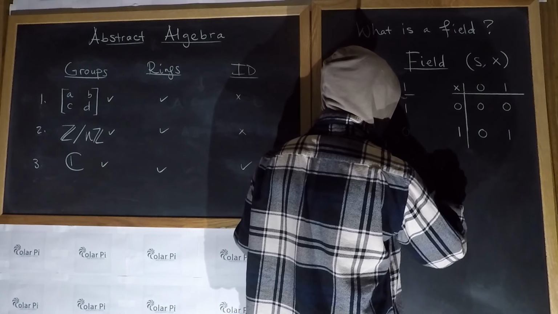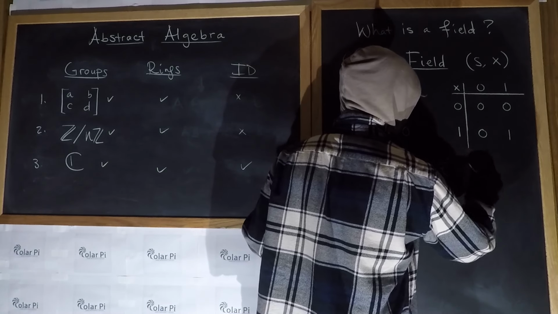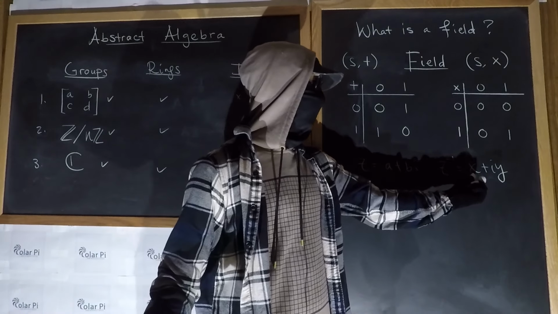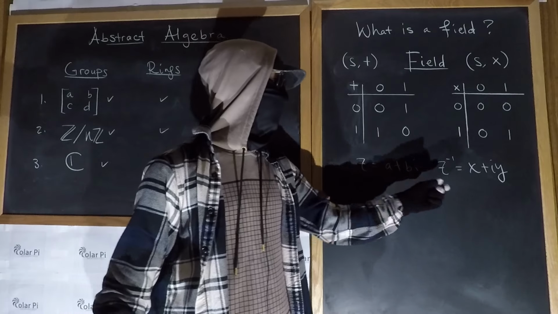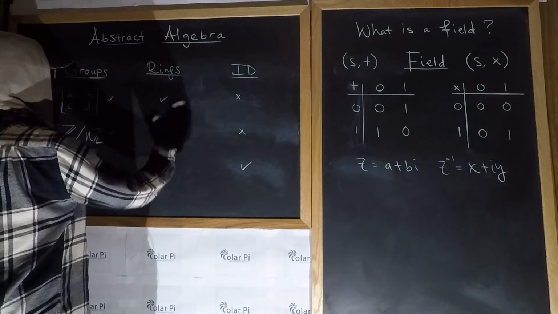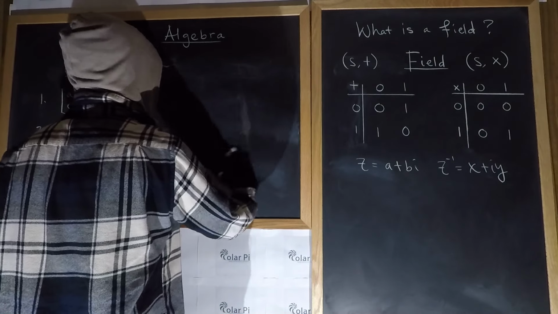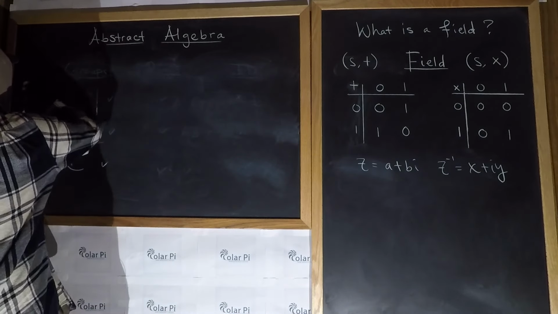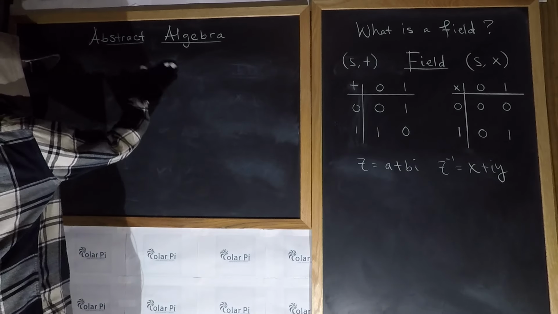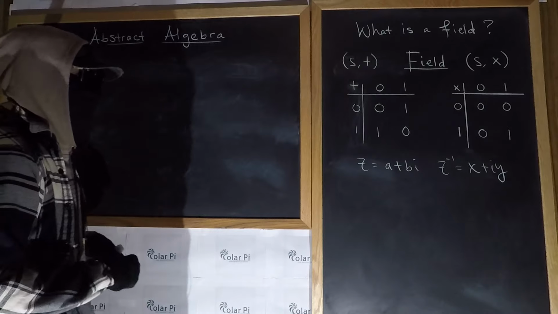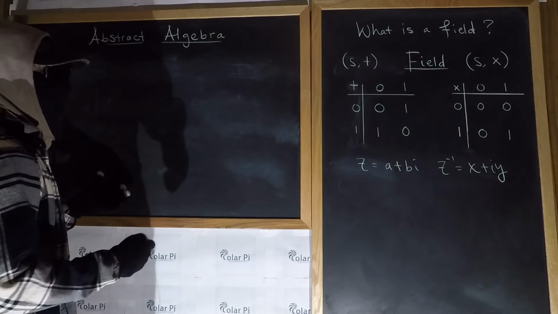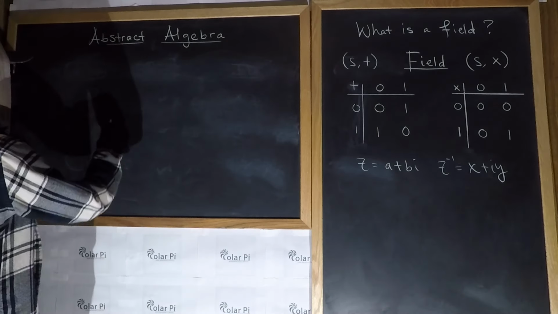we can claim that z inverse is x plus iy, and we can define x and y in terms of a and b. I already have a video showing you the inverse of a complex number, but for a generic complex number a plus bi, this is what we'd have to do.